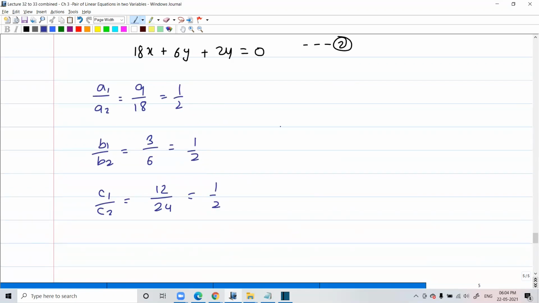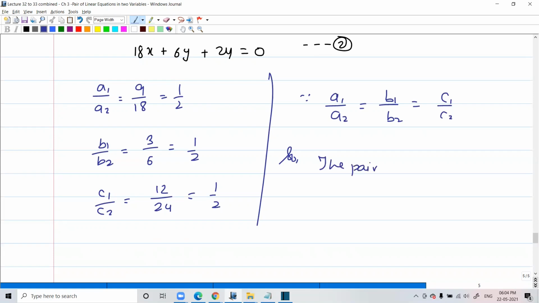Since all the three ratios are same, A1 by A2 is equal to B1 by B2 is equal to C1 by C2. So the pair of equations will have how many solutions?